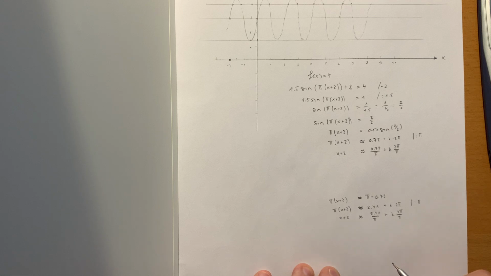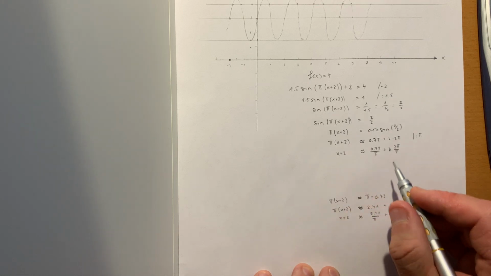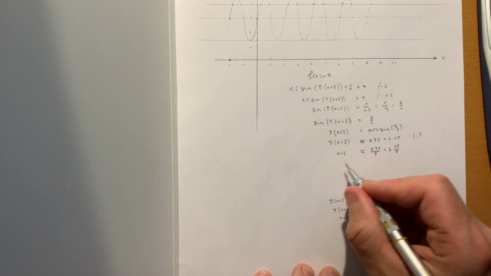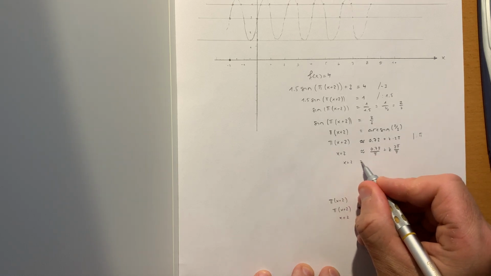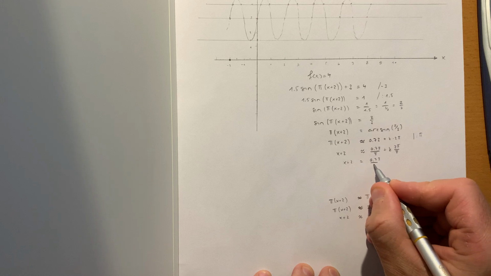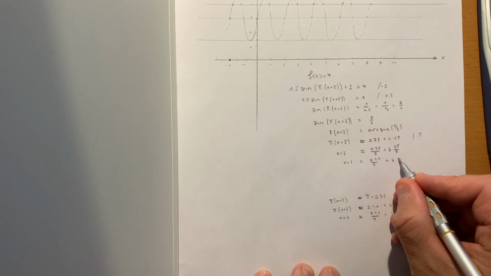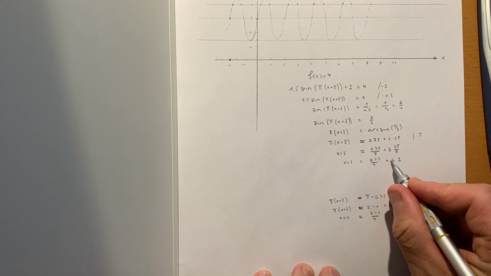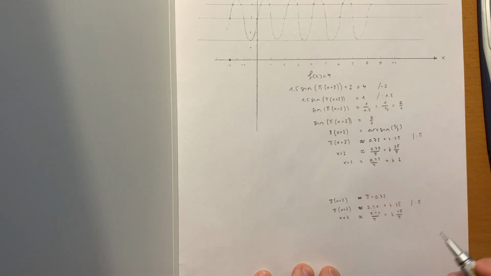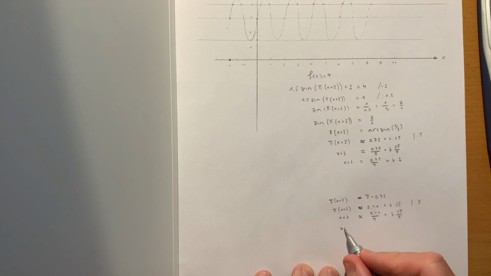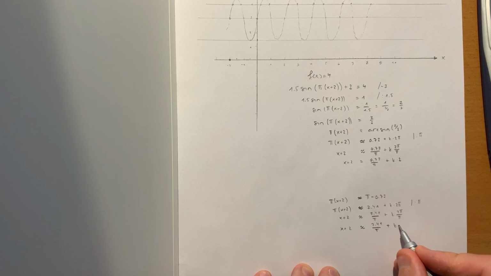Look, this is like magic now, because this will be x plus 2 equals 0.73 divided by pi, I'm not working this out for the moment, plus k times 2. See, this is the period length, 2. Down here, same thing, x plus 2 is 2.41 over pi plus k times 2. Again, the period length is appearing.